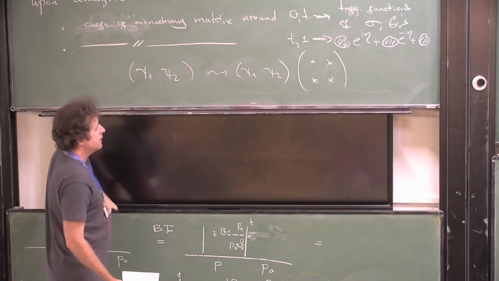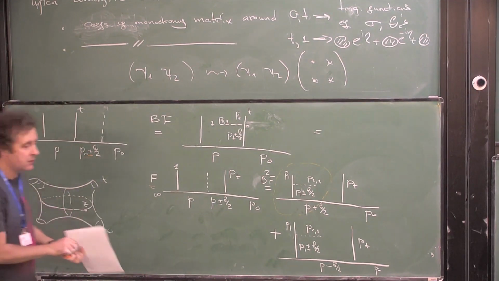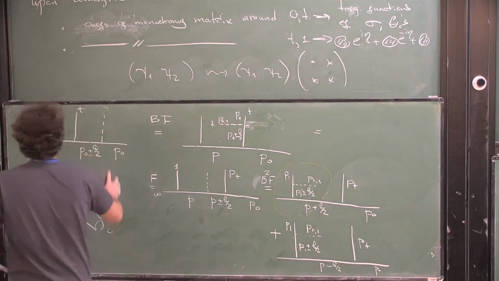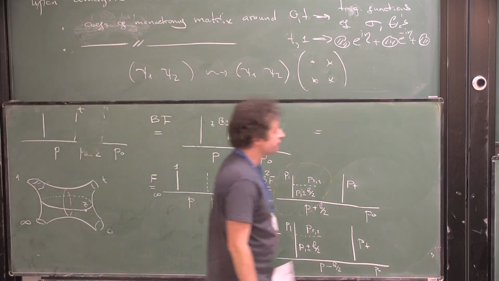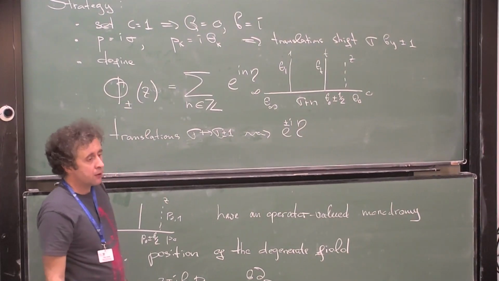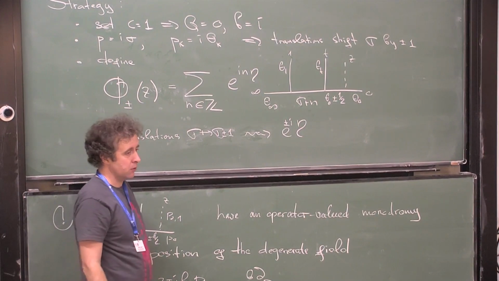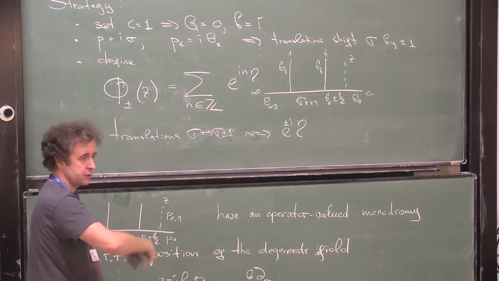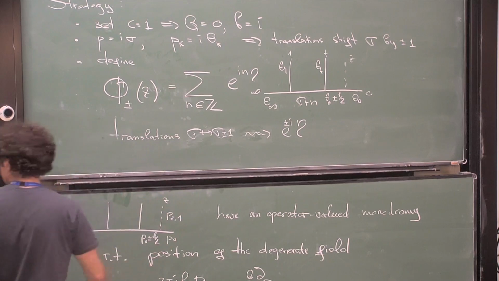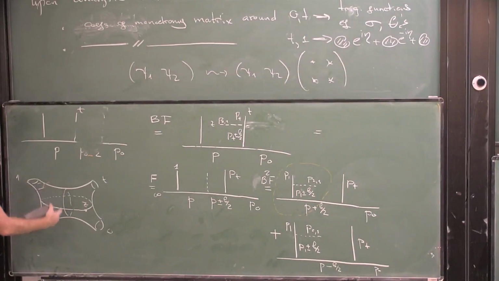And so now, as you may well guess, the notation was suggestive. This sigma variable that we had as internal momentum in our conformal block corresponds to the eigenvalue of the monodromy along this cycle here.